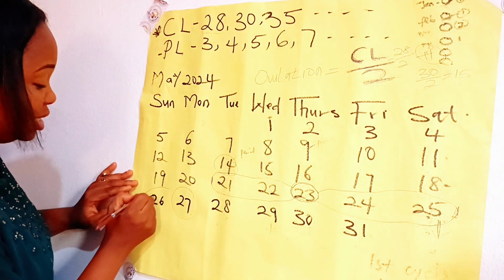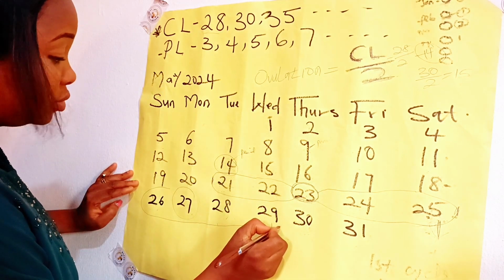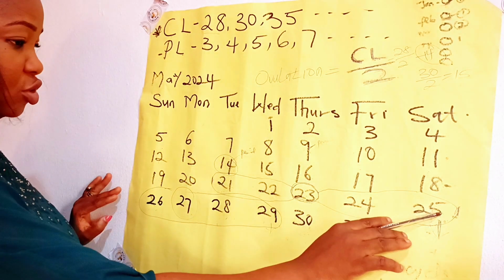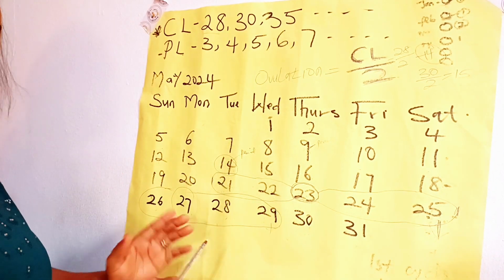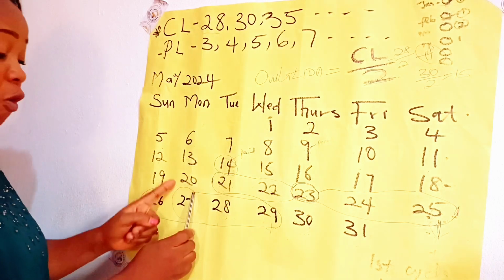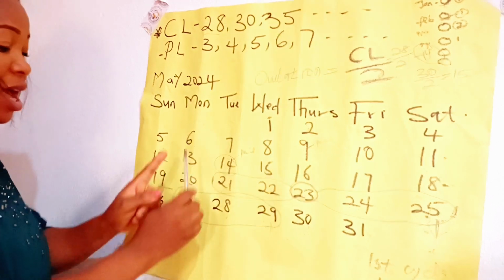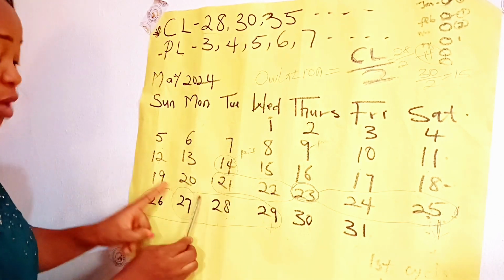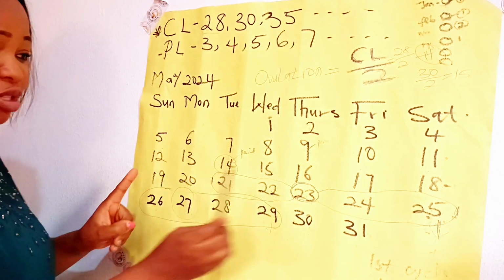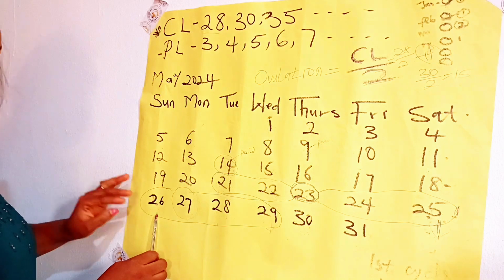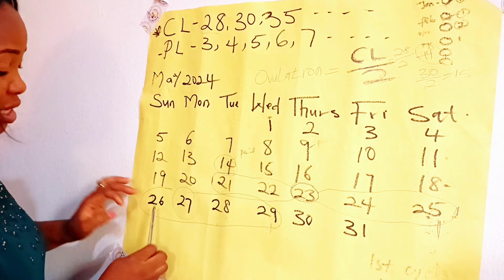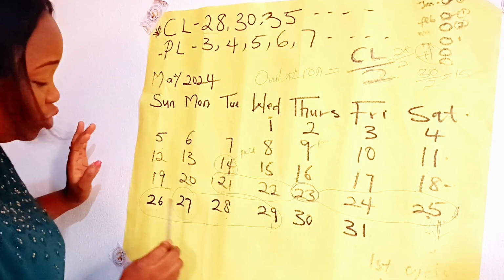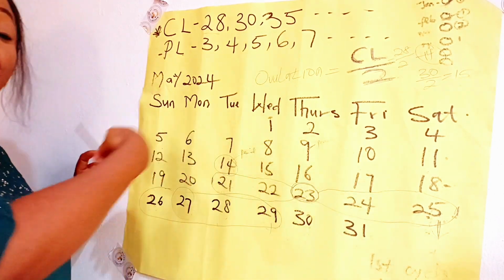The 25th is part of it because it's 2 days before your calculated ovulation day, and 2 days after your ovulation day. This is the ovulation day we calculated, the 27th. 2 days before the 27th is 25 and 26. So 25, 26, 27. 2 days after, 28, 29. So the 25th, 26th, 27th, 28th, 29th is your ovulation period.